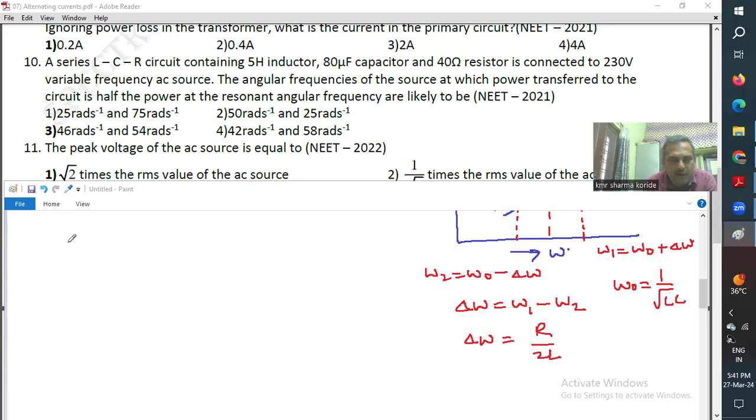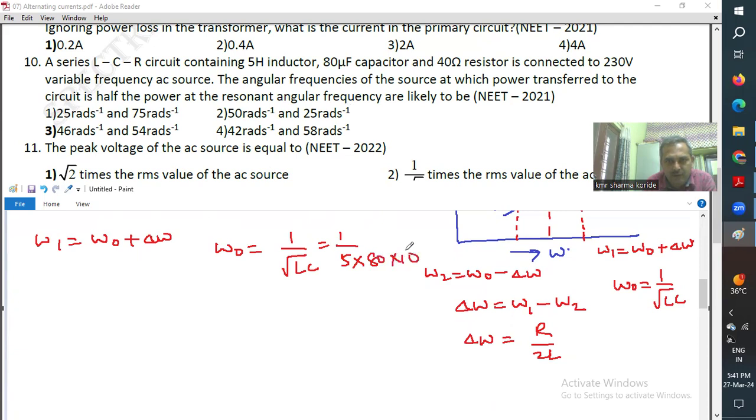First we have to find omega 1. Omega 1 is equal to omega naught plus delta omega. So omega naught we have to look for. Omega naught is equal to 1 by root LC. L is 5, C is 80 microfarad, so 10 to the power of minus 6, under root. This is going to be 400.